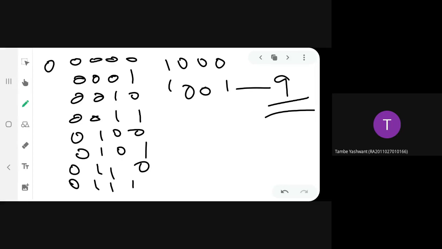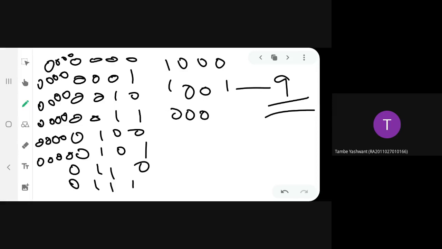Now this is 0, 0, 0, 0 everywhere, and carry 1. Now if you are continuing it, you will turn to 0, 0, 0, 1, then again you have to rewrite the sequence. Understood?